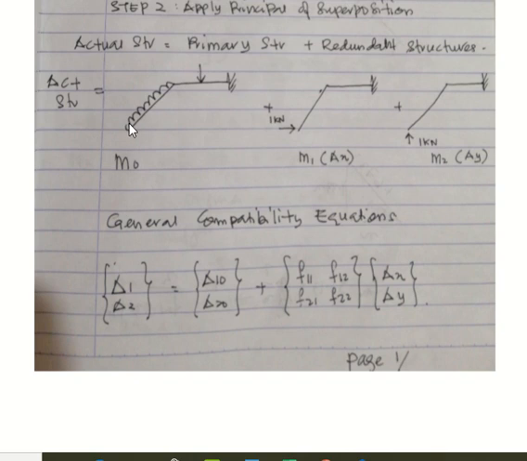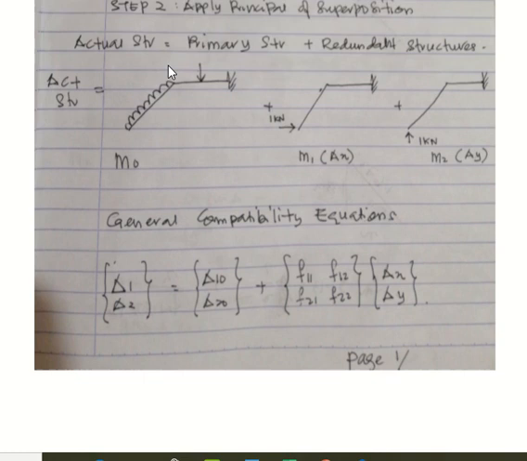Why do we need to determine this bending moment equation? Because if we look at our general compatibility equation, this equation deals with displacement or deformation, delta 1, delta 2, delta 1, 0, delta 2, F11, F12, 21. It means this is about the displacement. How to calculate displacement?